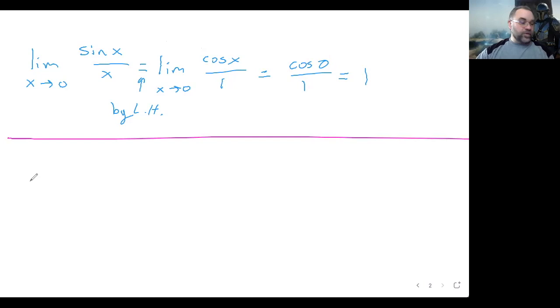Think about when we were doing curve sketching. Like if we had this problem, limit as x approaches -1 of x squared minus x minus 2 over x squared minus 1. Oh, sorry, minus 1. My bad.